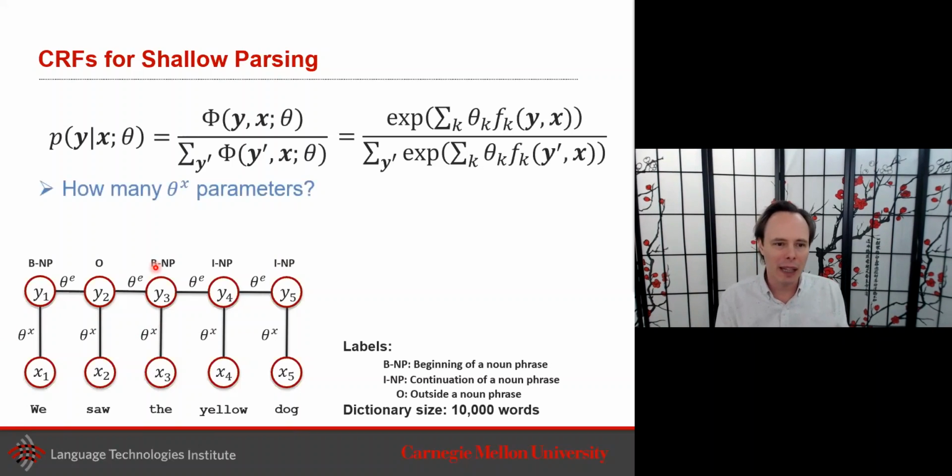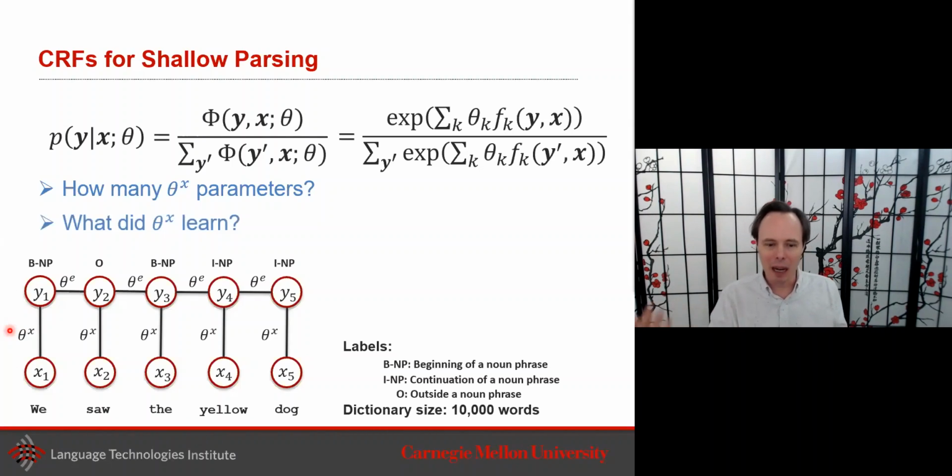So for the task of shallow parsing, it is like detecting noun phrases: the beginning of a noun phrase or the continuation of a noun phrase. So if there are three labels, like beginning of a noun phrase, continuation of a noun phrase, or others, and let's say my vocabulary is 10,000, how many parameters do I have here?